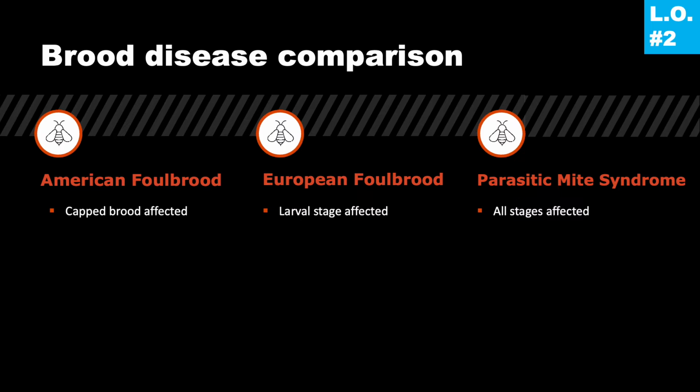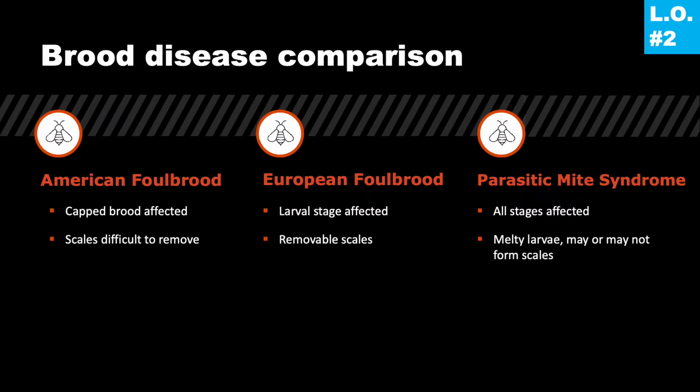Those would be the pupa stage of the young bee, whereas European foul brood affects the larval stage, or the uncapped stage of bee brood. And in contrast, parasitic mite syndrome can affect all stages of bee brood.